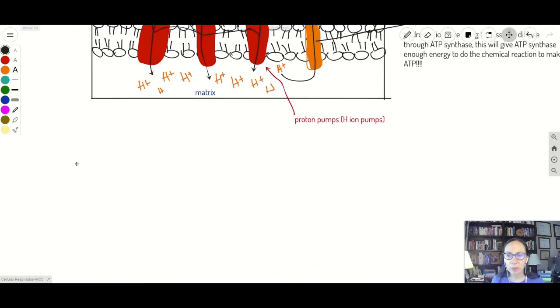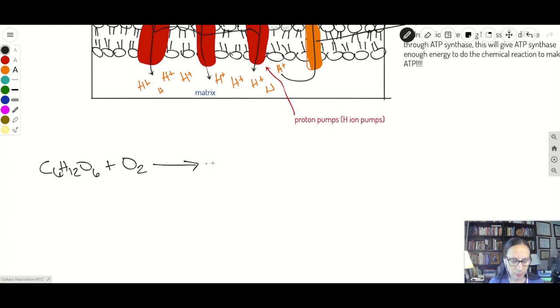Just to review, we started out with glucose, C6H12O6, plus we needed oxygen. And then we're going to generate lots of ATP.